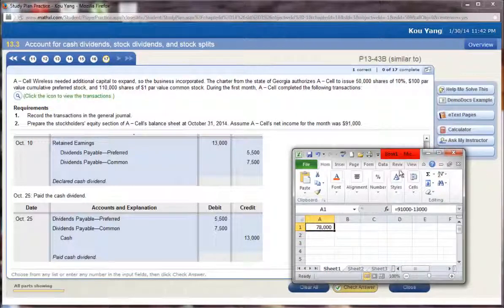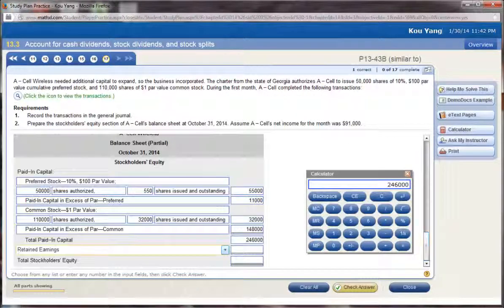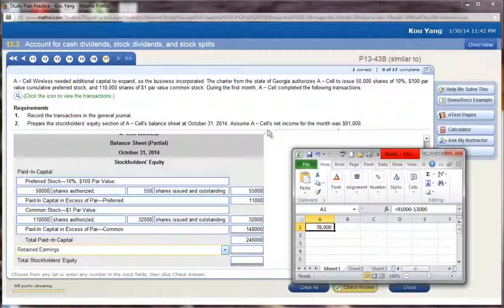So once again, they gave us the net income for the month of 91,000 here. We paid cash dividends of 13,000. So my retained earnings is going to be 78,000. In the prior chapter, partnerships, this 91,000 would have been our income, and this 13,000 would have been our withdrawals.